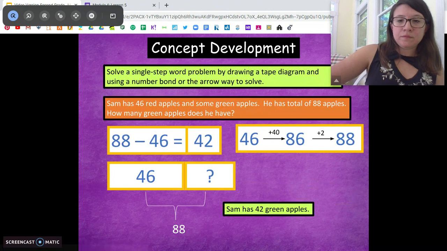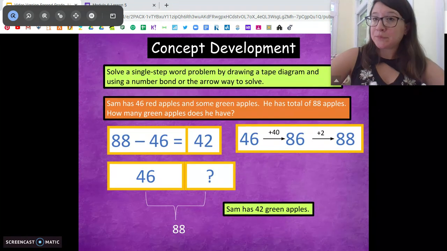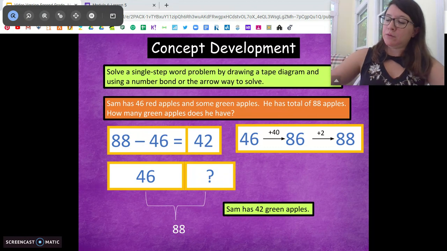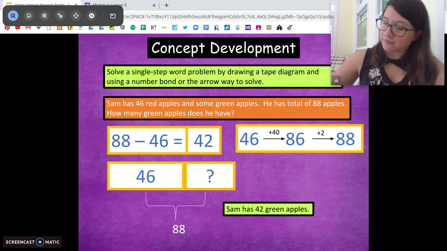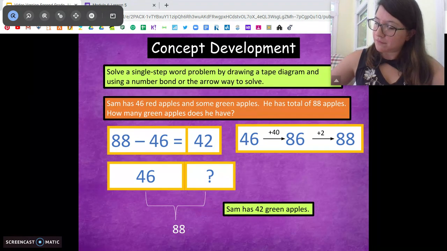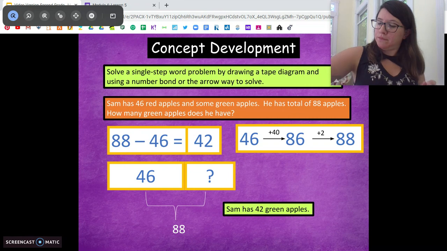So pause, solve the number bond way. I'm going to do it too. I'll make my screen bigger.